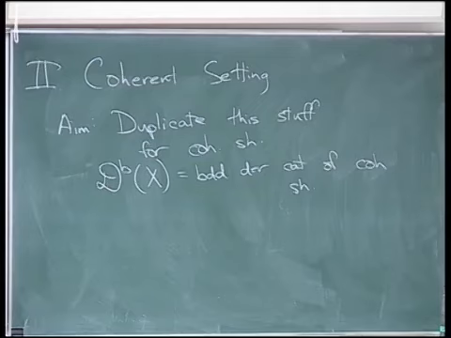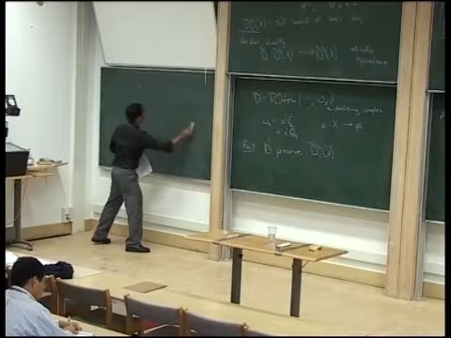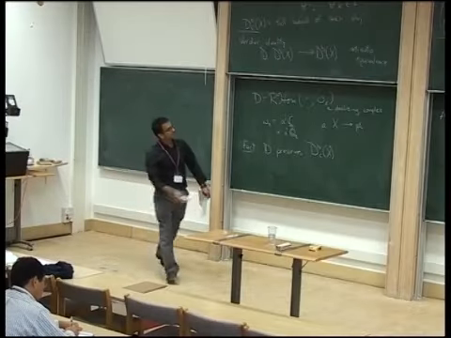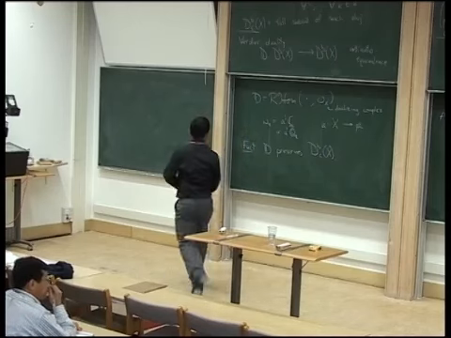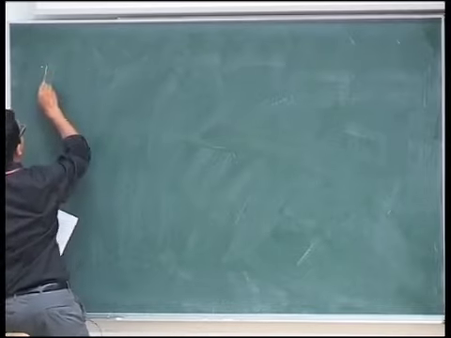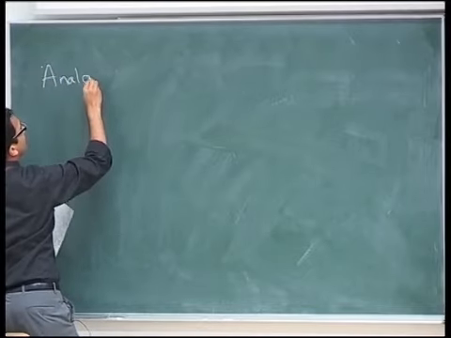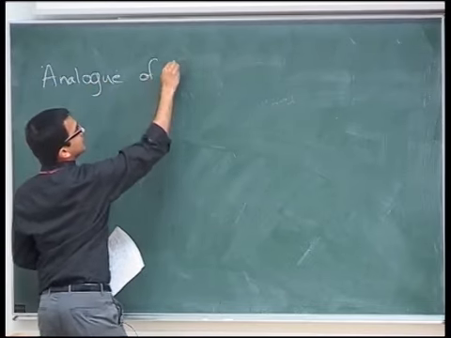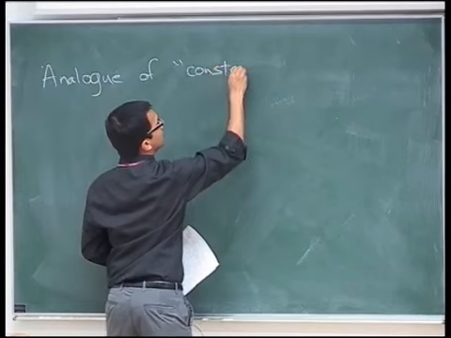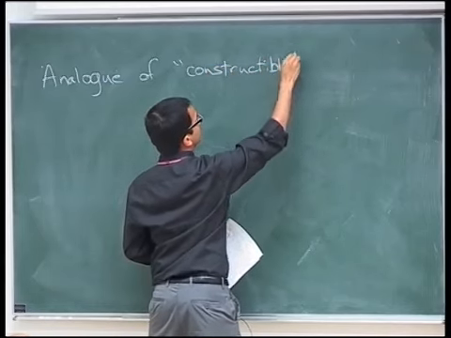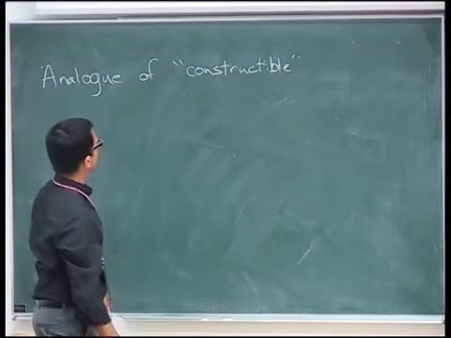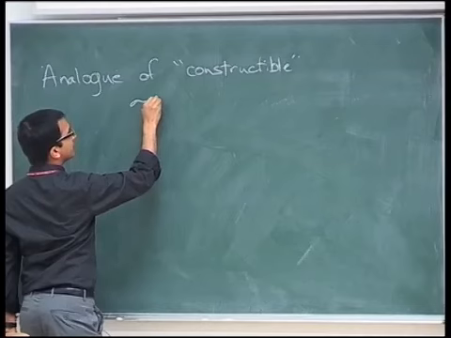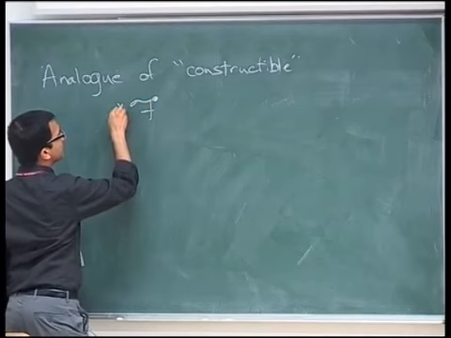So let me just start trying to write something down, and let's see what comes out of it. So the two ingredients here were the word constructible and Verdier duality. So if I try to write down an analog of constructible, well, what do I want to require? I want to take a complex of coherent sheaves. I'm going to pull it back to a stratum.